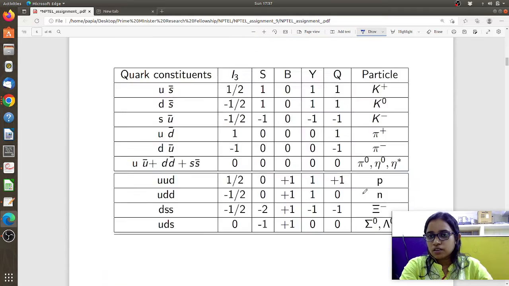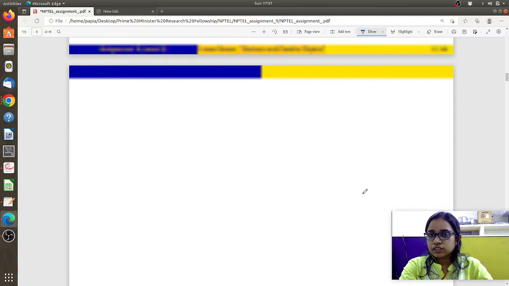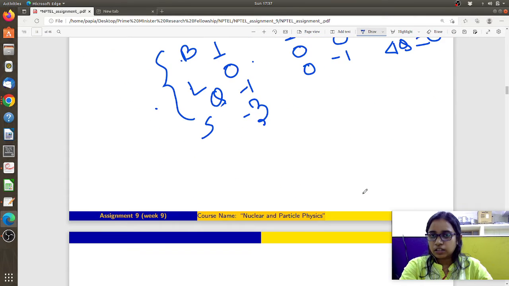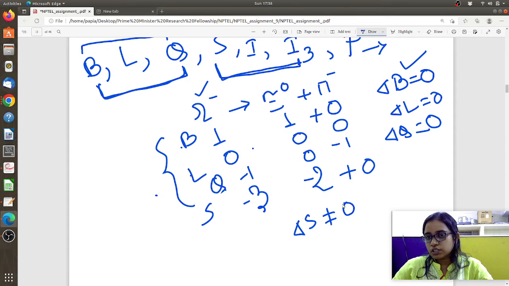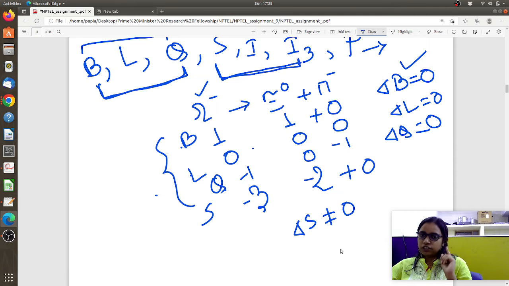Now coming to that expression again. Here minus 2 is there, plus pi minus does not have any strangeness number, so that's a 0. So what does it mean? It means that delta S is not equal to 0. So the interaction is allowed, but its strangeness number is not conjugate.